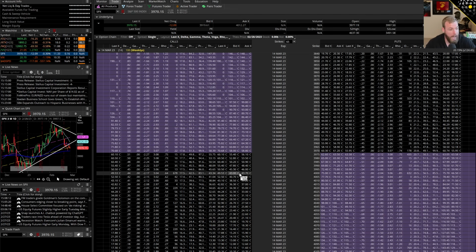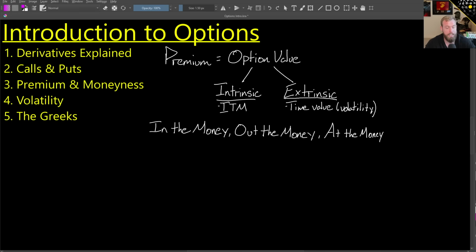So now I have the right to buy something at 4,000, even though when I first bought it, it was only trading at 39.70, but it started to move in my favor. So the reason why options contracts have inherent value by themselves is because they give you the right to access an underlying security at a specific price, or the inverse if it's a put.